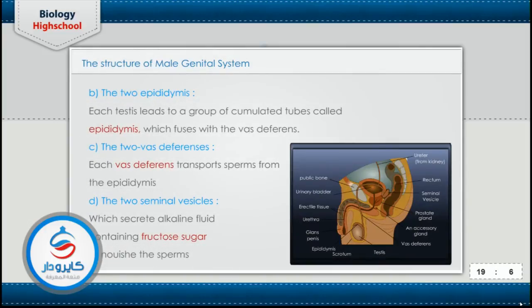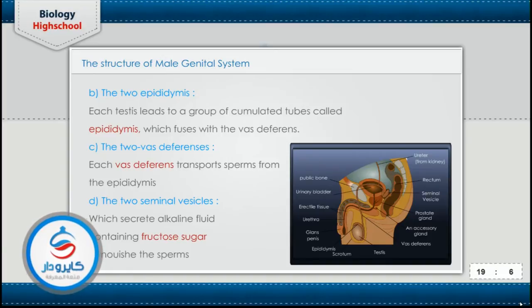Each testis leads to a group of accumulated tubes called the epididymis, which stores the sperms and leads to the vas deferens. The two vas deferens transport the sperms from the epididymis to the urethra or urinogenital duct.